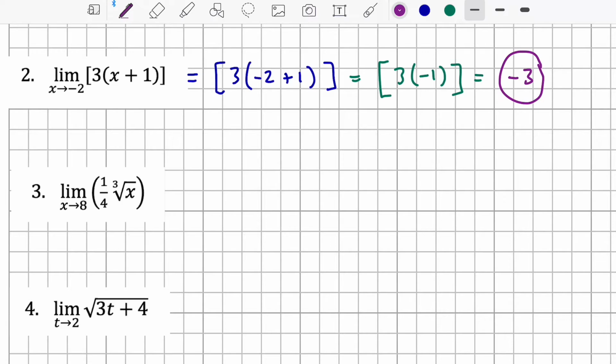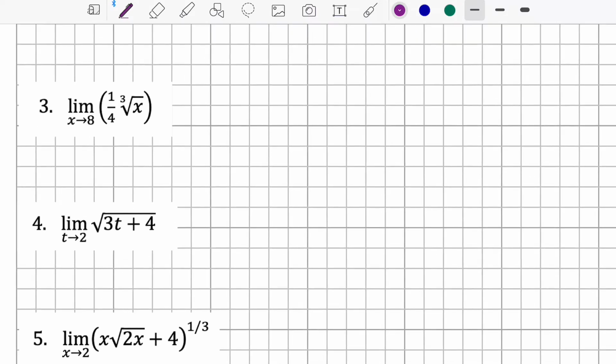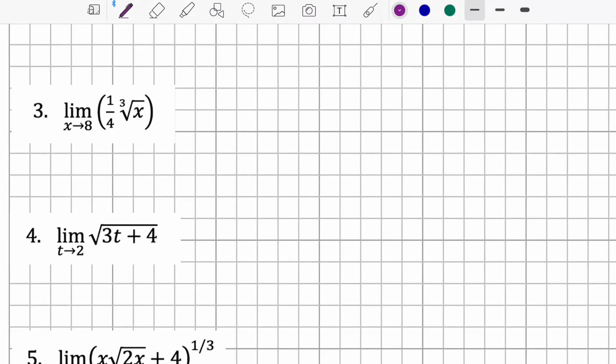Okay, let's go on to number 3. We're going to do the exact same thing. All you have to do is plug it in, use direct substitution. So we're going to get this 8, and we're going to plug it in there, and also get rid of the limit sign. We don't need it anymore once we evaluate. So it'll be 1/4 cube root of 8.